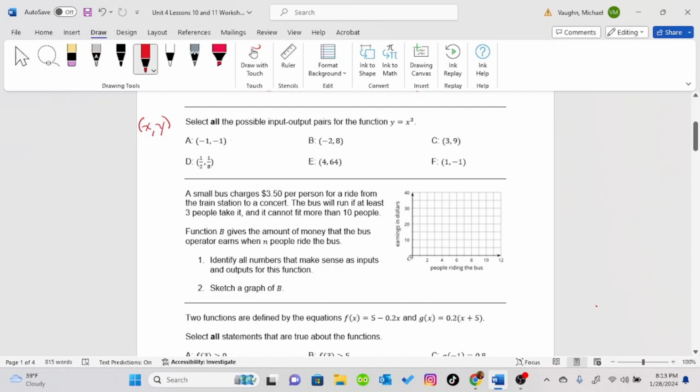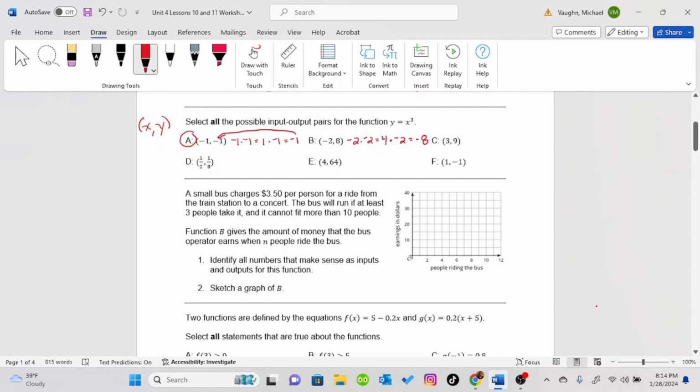So for A, -1 times -1 equals 1, times -1 equals -1, and -1 is our y value, so A is a possible solution. For B, -2 times -2 equals 4, and 4 times -2 equals -8.